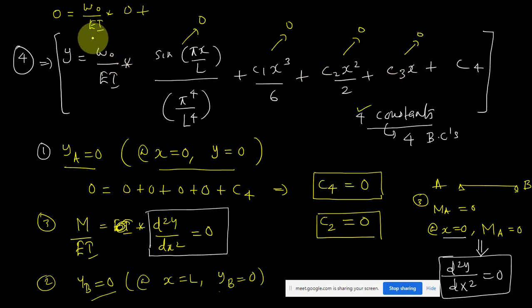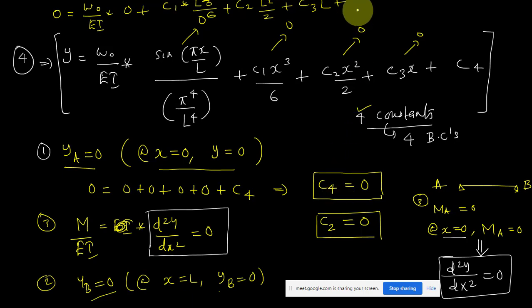If you do that, you will get 0 equal to, this sine term will become 0, because once x equal to L, this becomes sine of pi L by L. So this L gets cancelled, it becomes sine pi. Sine pi is 0. So this is 0, plus C1 into L cube by 6, plus C2 into L square by 2, plus C3 into L, plus C4.